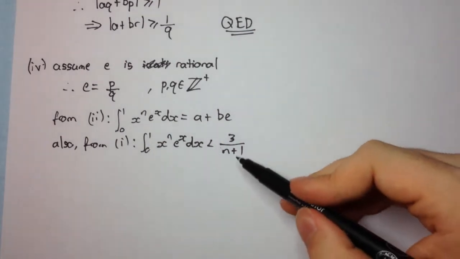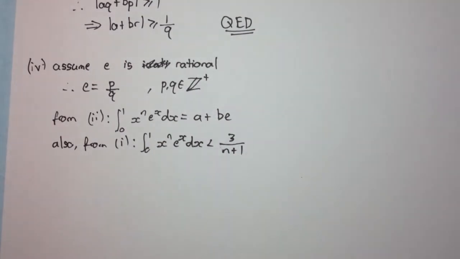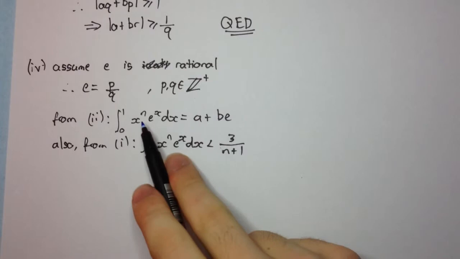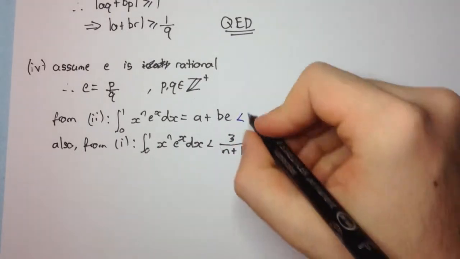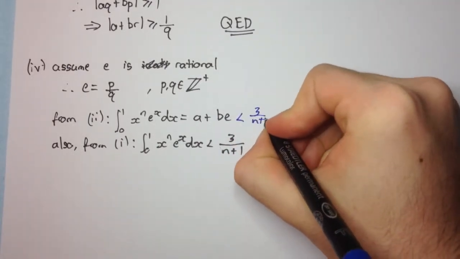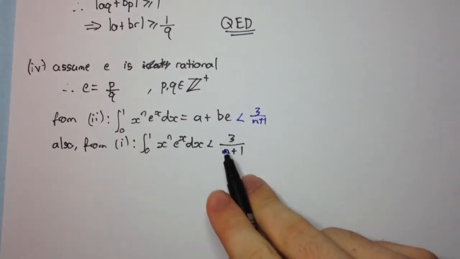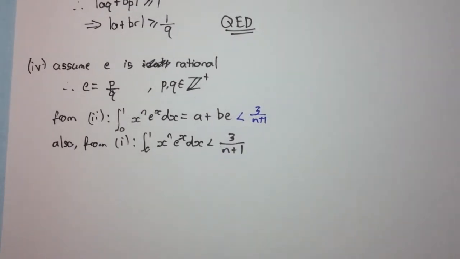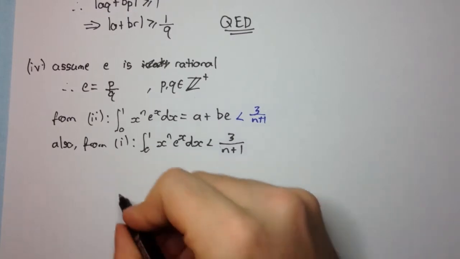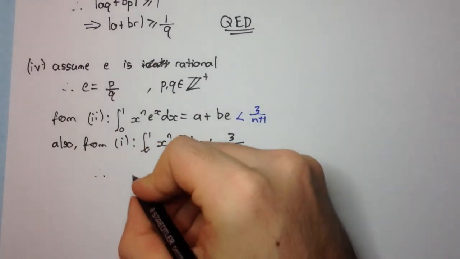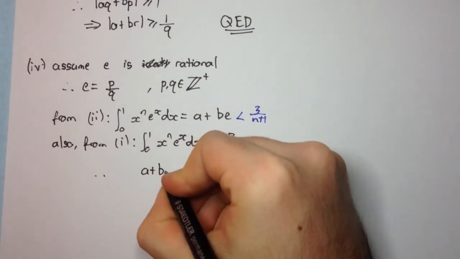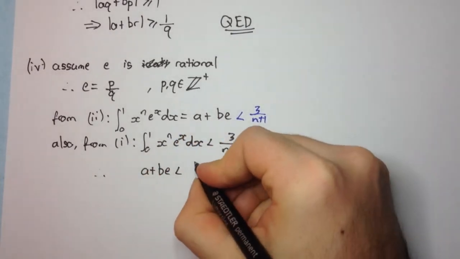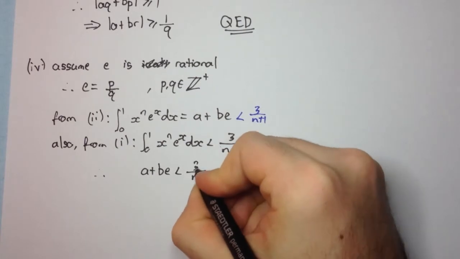Now that we have this, we can combine these two, and now it should become obvious that this integral is less than 3 over n plus 1. We can use this fact and apply it here. Therefore a plus b e is less than 3 over n plus 1.